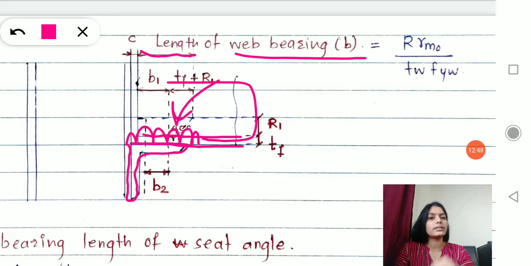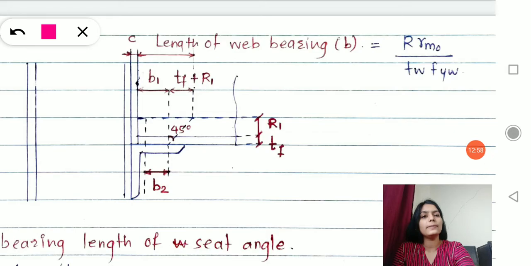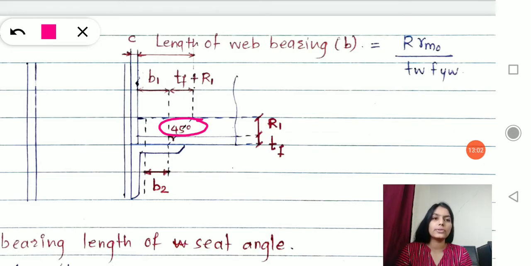And the dispersion of that load is taken at 45 degrees. See here, the transfer of load is taken at 45 degrees, and this load is transferred from the beam to the seat angle at 45 degrees.